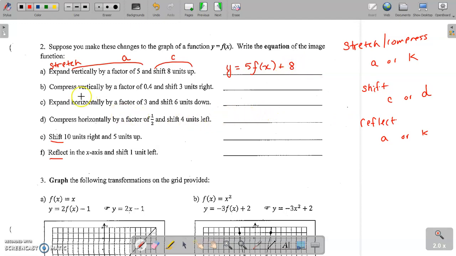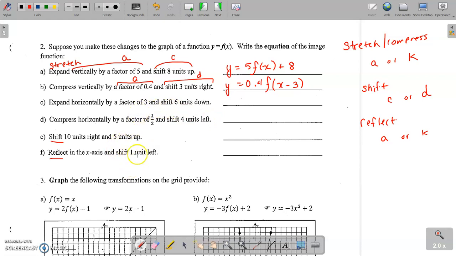Now if we compress vertically by a factor of 0.4, this is your a value, and you shift right 3 units, that's your d value. So that's going to be 0.4 f of x minus 3, and that's your transformed function.